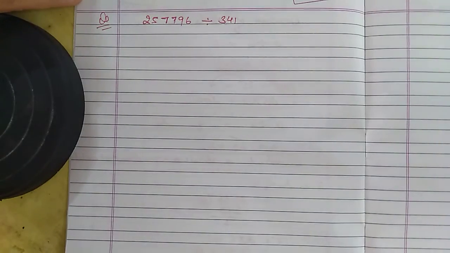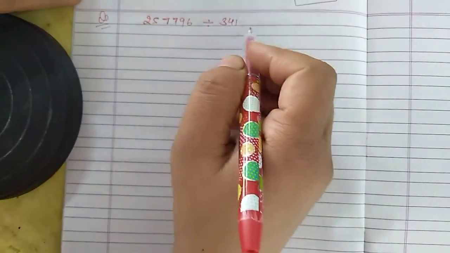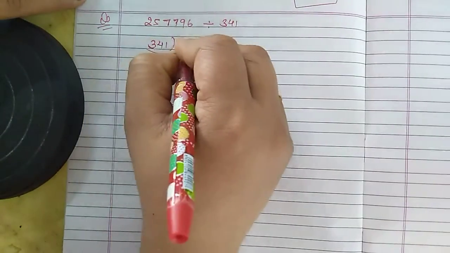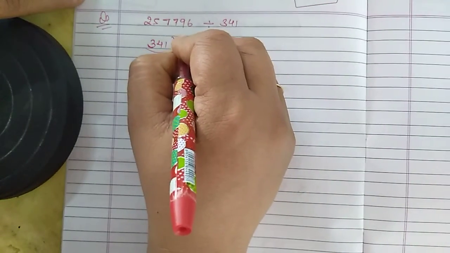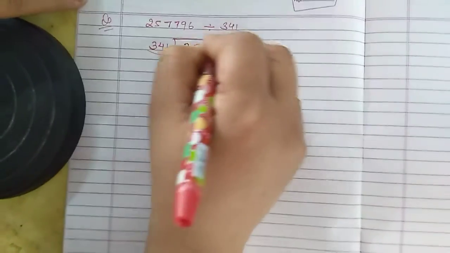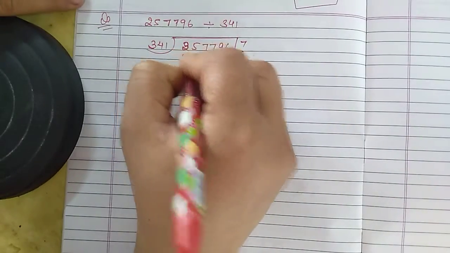Now we'll see some questions based on the division algorithm. We have to divide this number by 341. Everybody knows how to divide the numbers, so first we'll do the simple division here. Seven times it is divisible.